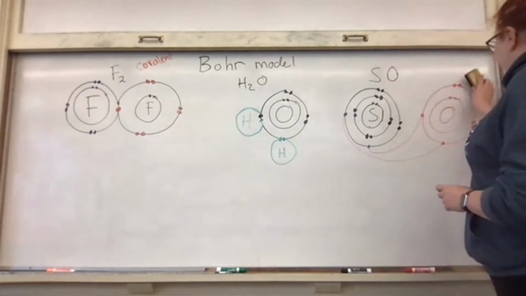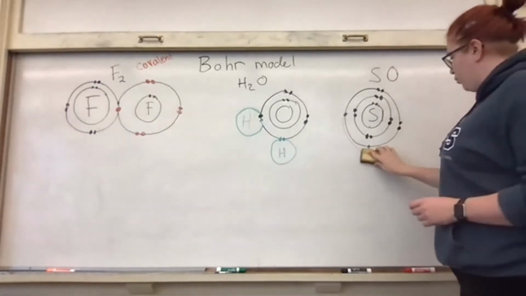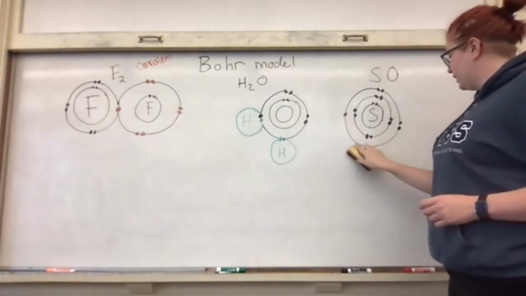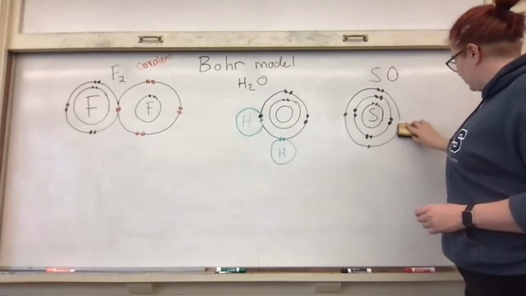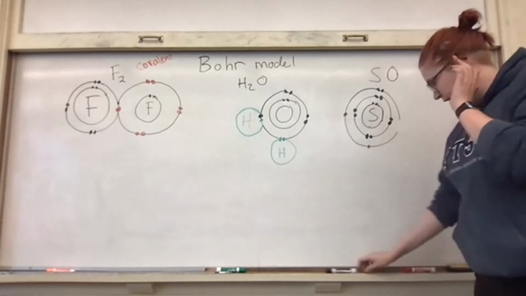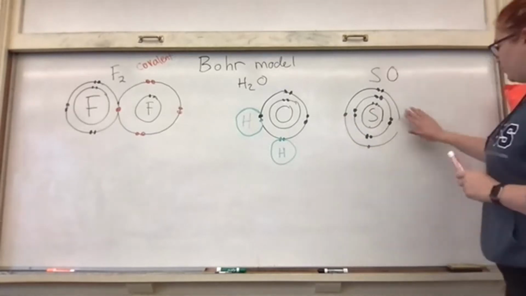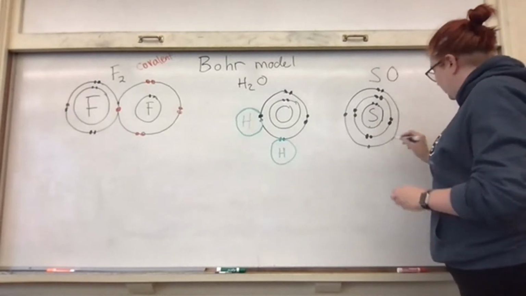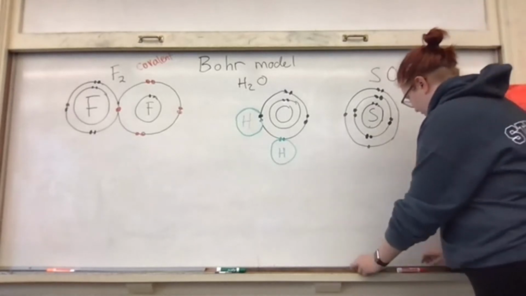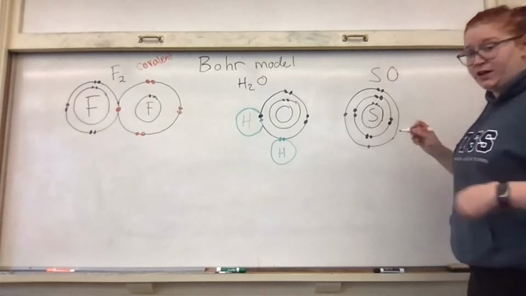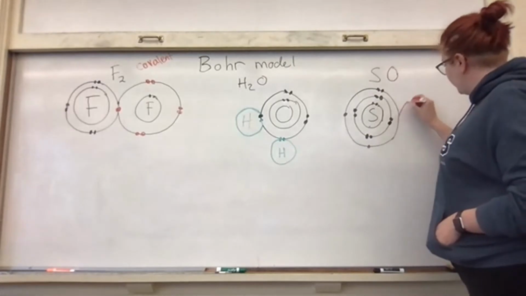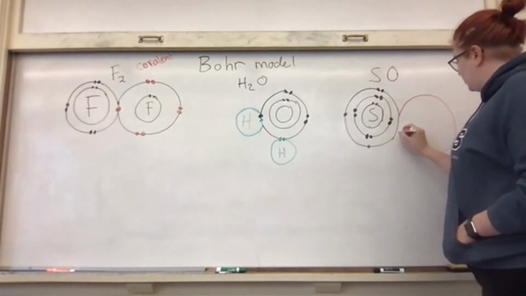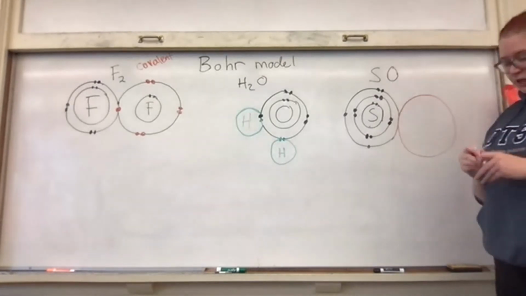So the way you draw this in Bohr, it's a little tricky, but you draw your shells overlapping. So here, the shell from sulfur. Here is my shell, the outer shell of oxygen. Okay, see how they're touching?